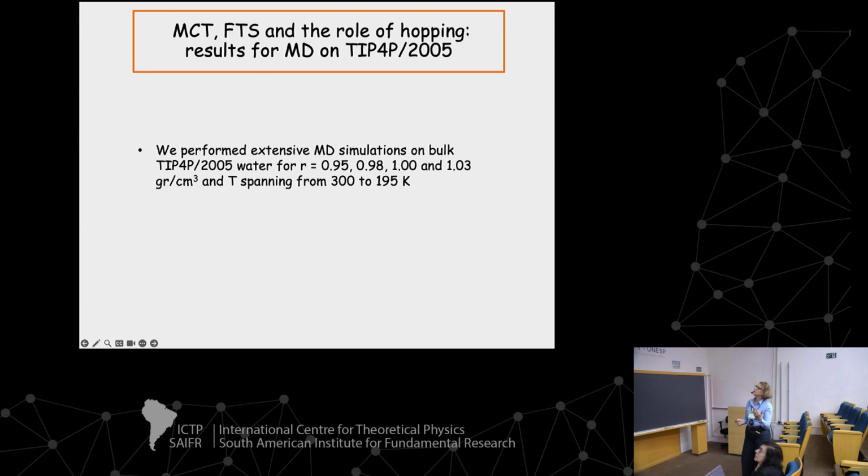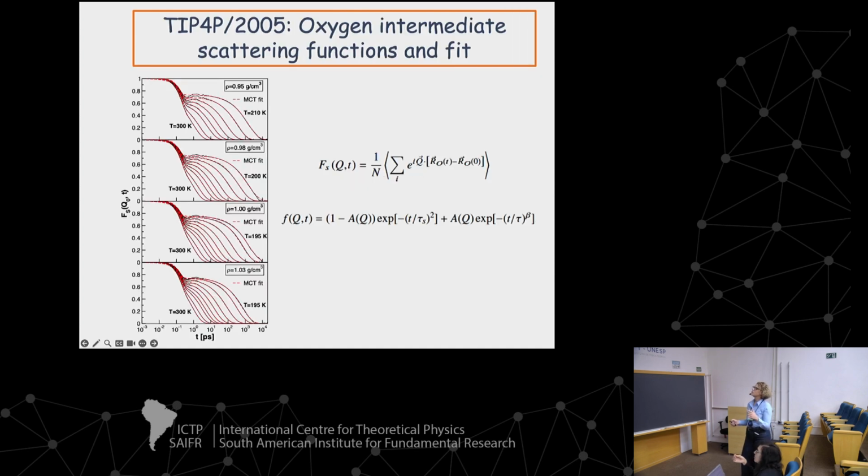So we will see now bulk TIP4P/2005 for several rho and several T, and on TIP4P/2005, we will see how it has mode coupling, how it shows a fragile to strong crossover, and then we will see also that it has the hopping below the crossover.